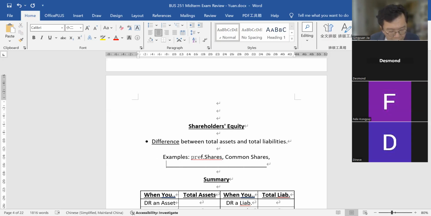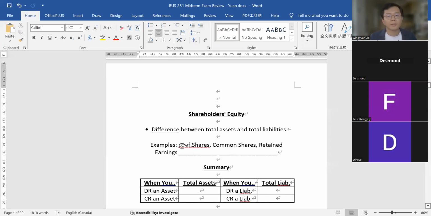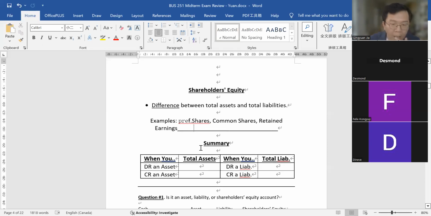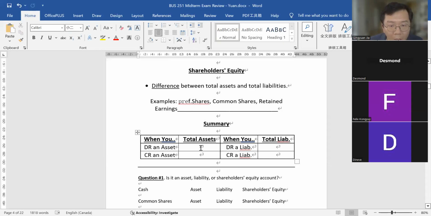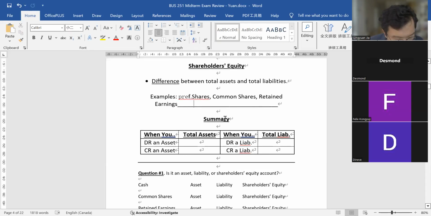And we also have retained earnings. Okay, retained earnings. So these are the items and accounts that we use frequently and normally. And next, I will talk about the summary chart of the commonly used accounts.